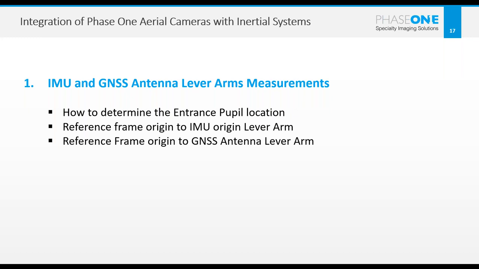From the mechanical standpoint, you will see that it's easy to understand, but sometimes it's not easy to implement, so we have some tips for that. Also, the reference frame origin to IMU origin lever arms, and the reference frame origin to GNSS antenna lever arms. We will explain some concepts here.